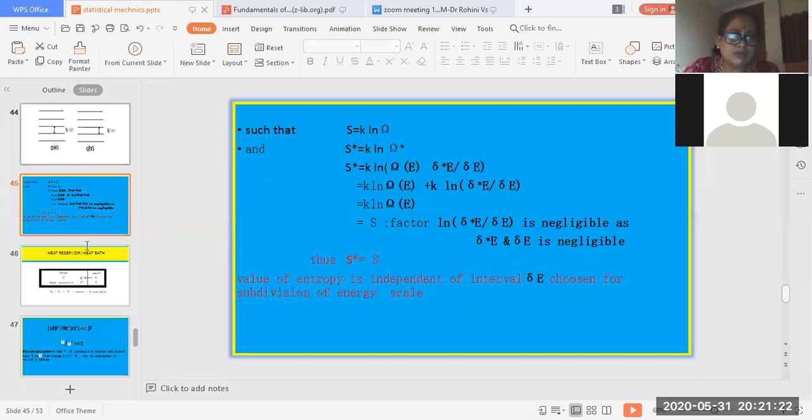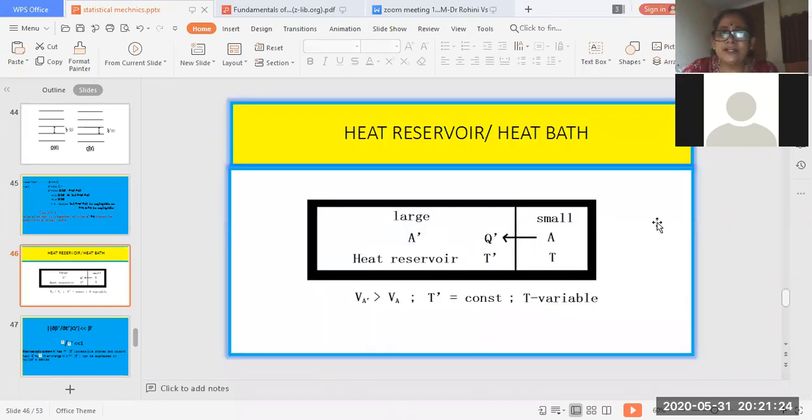Today I am going to a new topic, that is heat reservoir. Almost we are coming to the end of your syllabus. You can see here I made a small diagram, so that gives you the definition of heat reservoir. So what is a heat reservoir?